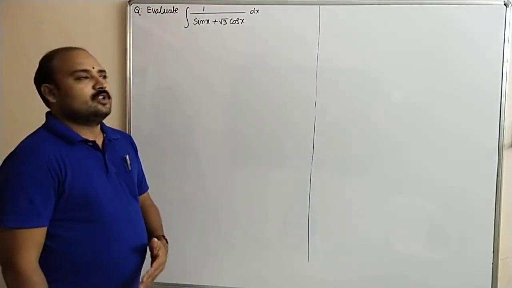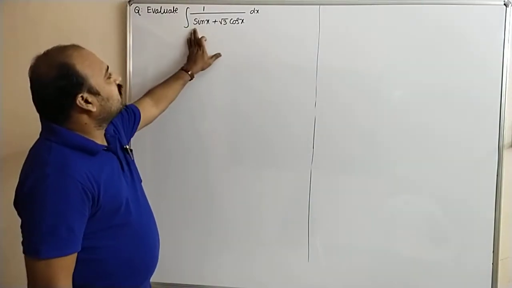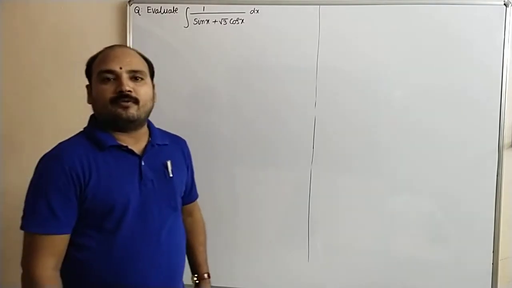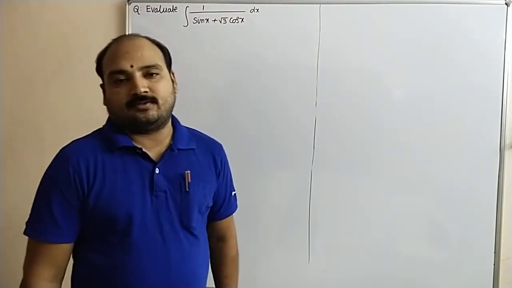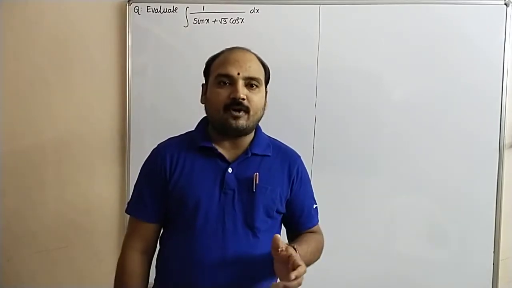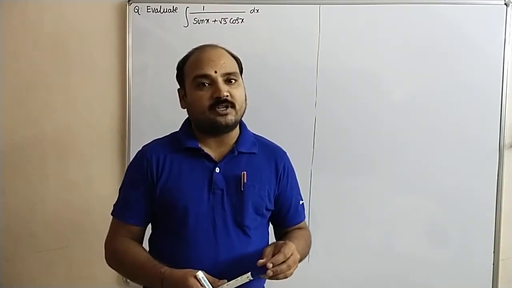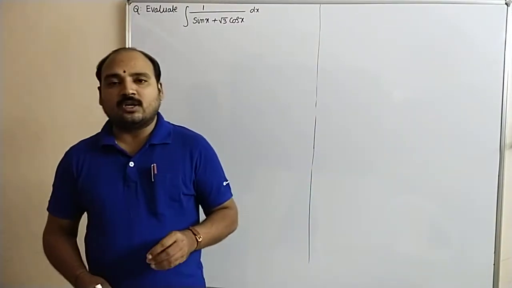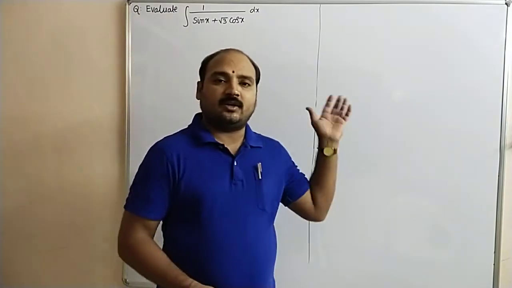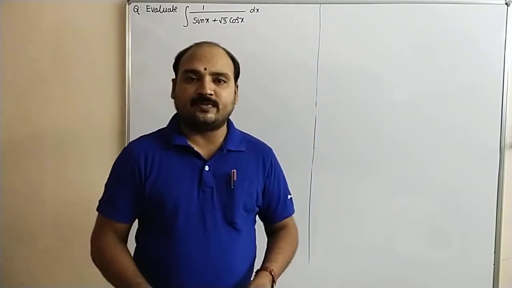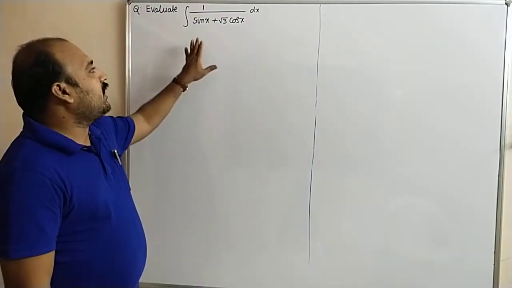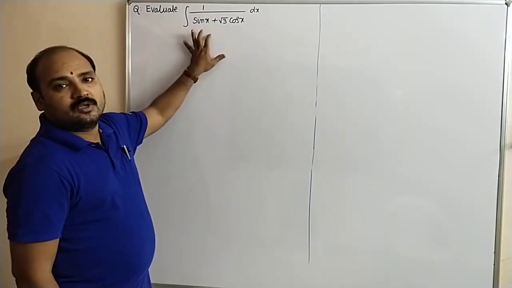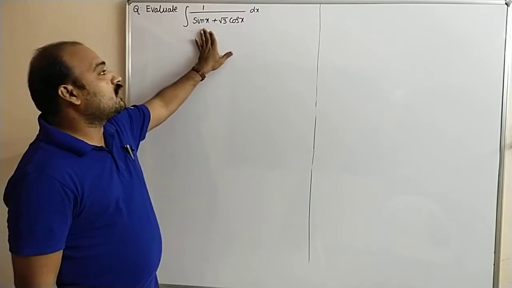That is one way. The second way: the denominator is in the form of a sin x plus b cos x. To make it in the form of sin of (a plus b) or sin of (a minus b), based on that cos of (a plus b), cos of (a minus b), we have to divide the numerator and denominator by root of (a square plus b square), multiplying and dividing only for the denominator.